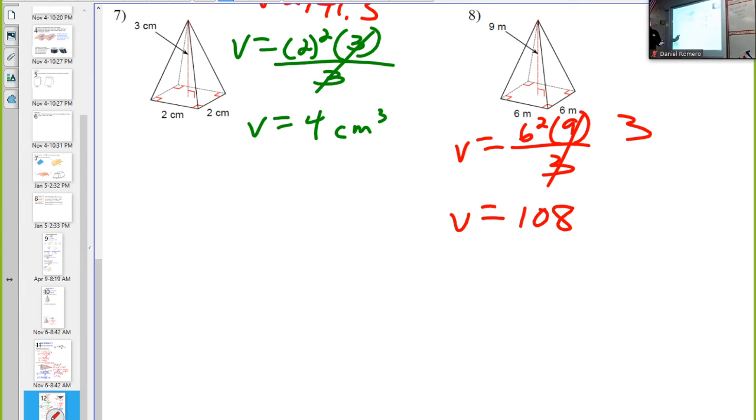Somebody tell me what the unit is. You can race to see who can answer first. Pay the best attention. Neither.